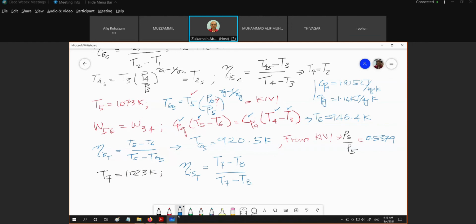Shorter line divided by longer line. So our longer line should be T7 minus T8S. If you look carefully, this is given. But as for T8 and T8S, we need to solve either one first.